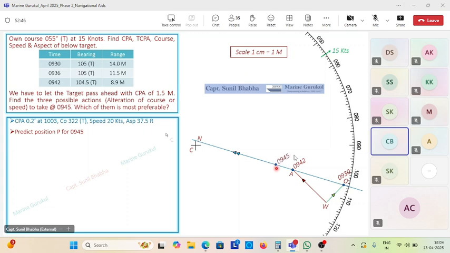Let us name that position as P, Papa. So you can see Papa point coming up on the screen, and we have mentioned the time 0945 along with it. So at 0945 the target is expected to be at point Papa.